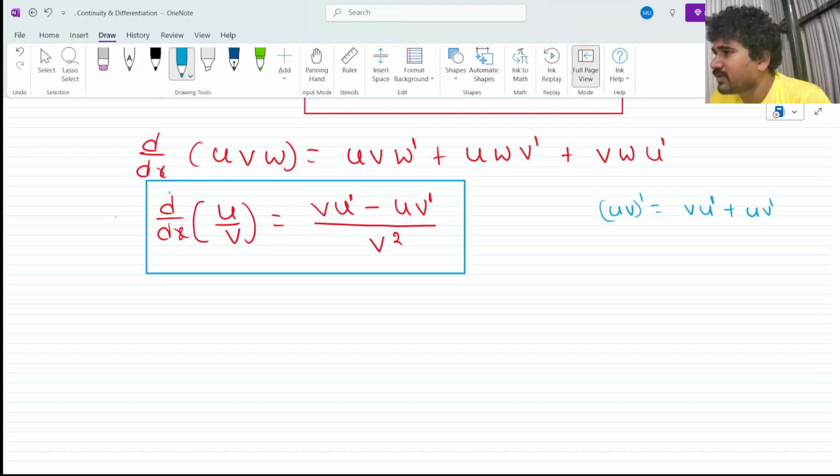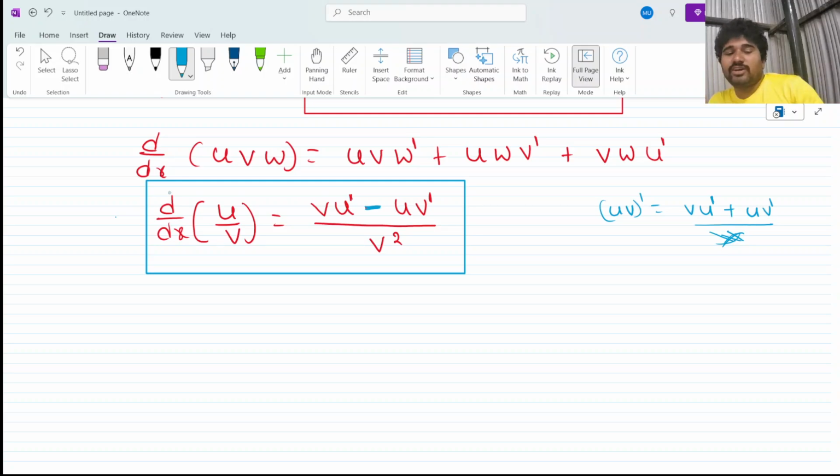Here also observe that vu dash, minus comes in the middle, whereas that one has plus and no denominator. This one has a denominator, v square. What is the denominator? v square. Is that clear? These are must-know formulas. You should know them.